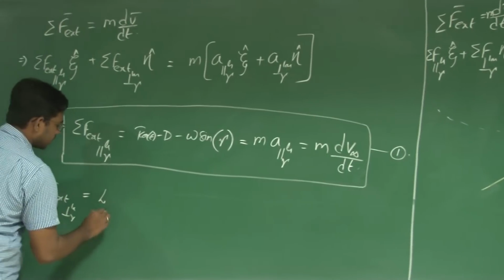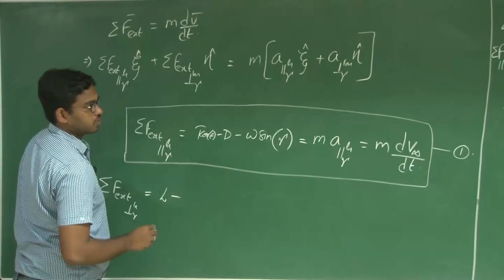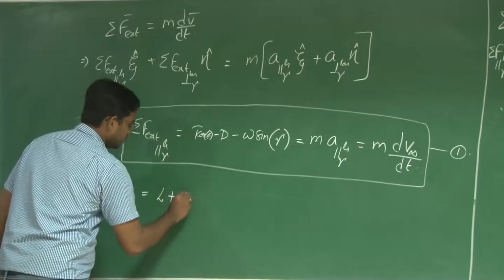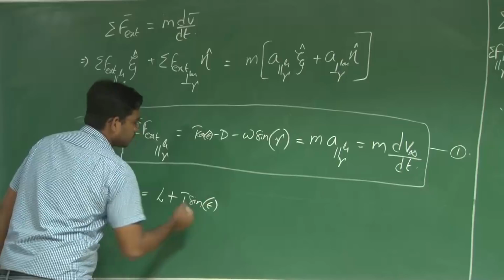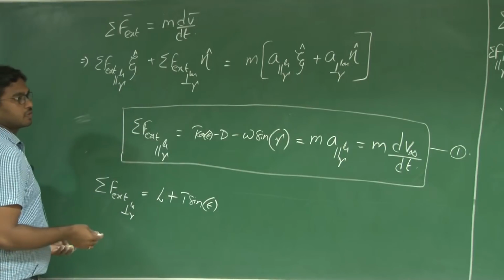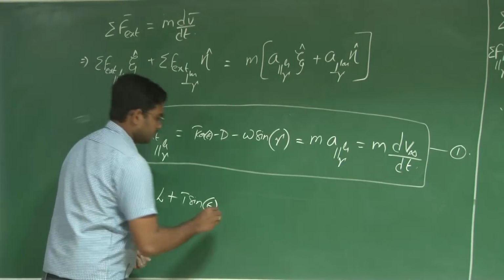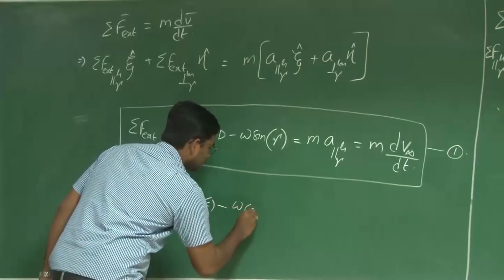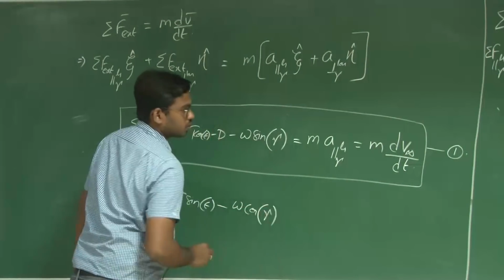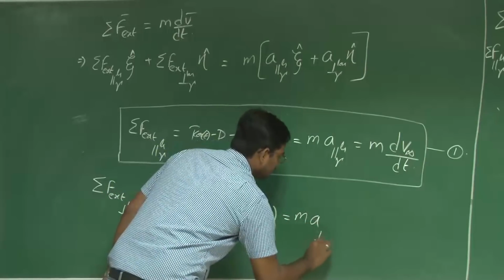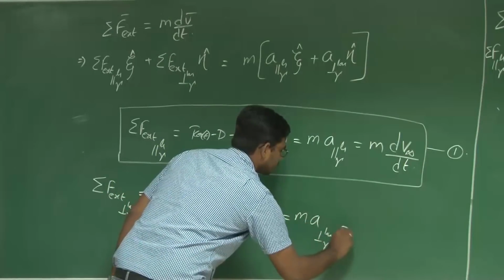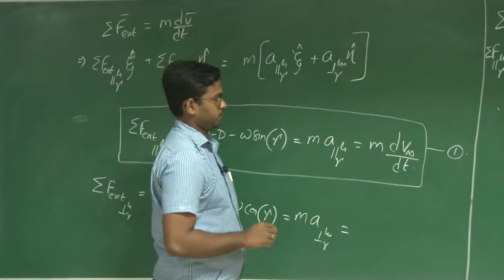So what you have as external forces perpendicular to the flight path are L plus T sin epsilon, lift and a component of thrust due to its misalignment, minus W cos gamma, equals mass into acceleration perpendicular to the flight path, right.